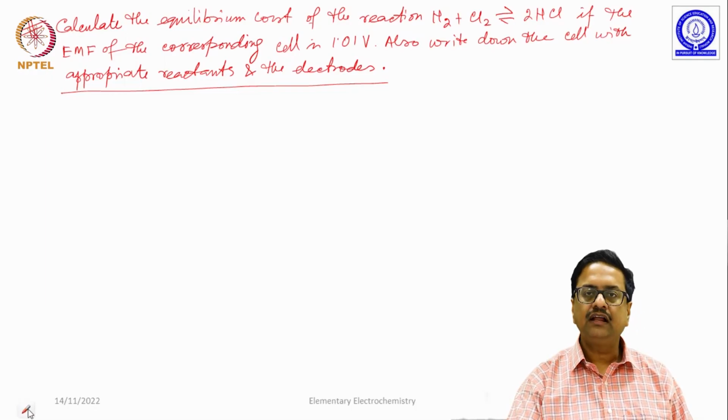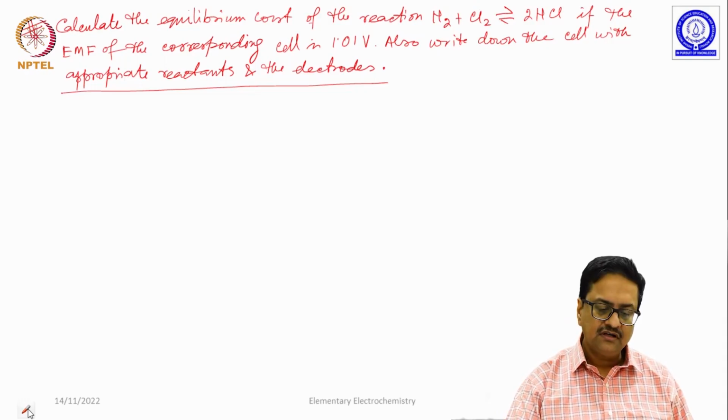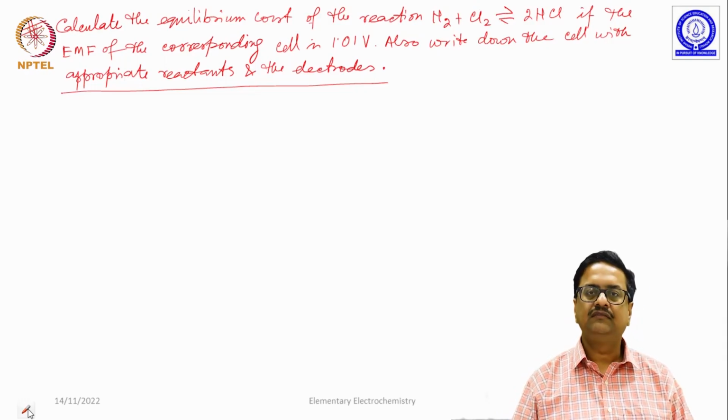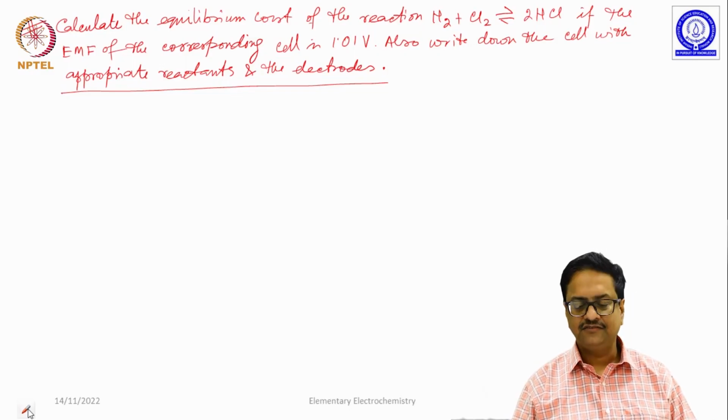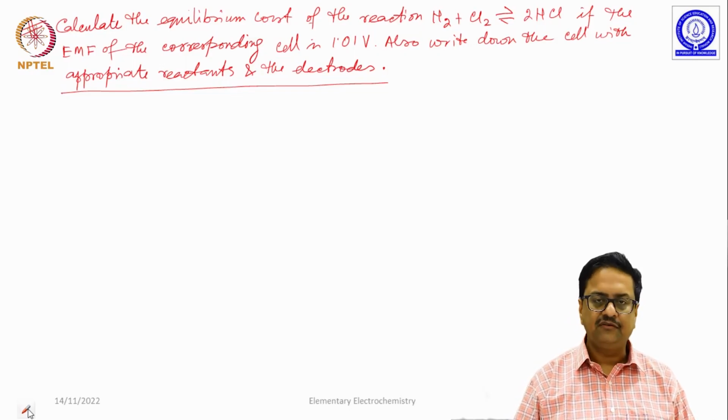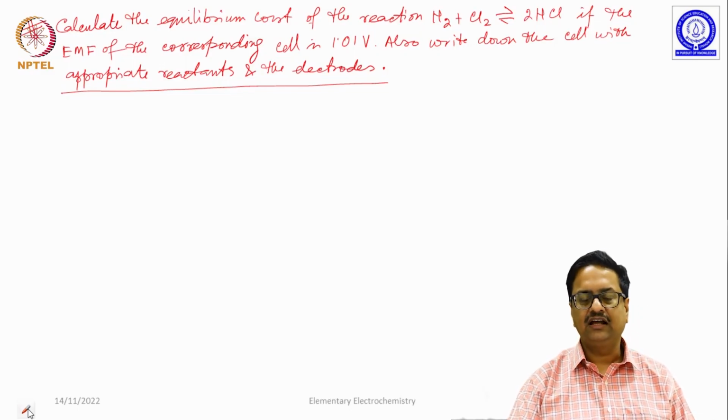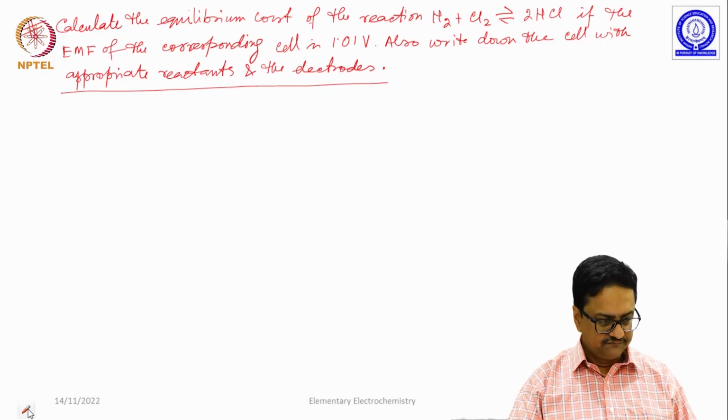So now I would like to start discussing about different types of electrodes, because as you have already seen, there are types of electrodes where one gas is involved, like hydrogen gas. Somewhere you have a metal and metal ion electrode, and so on.